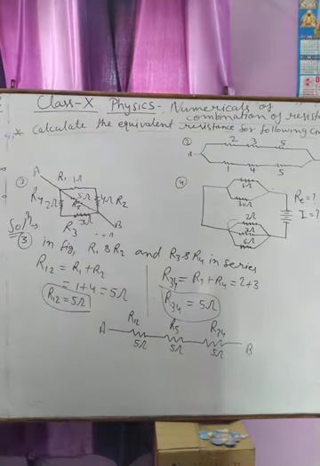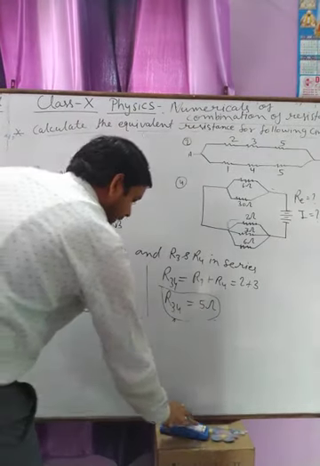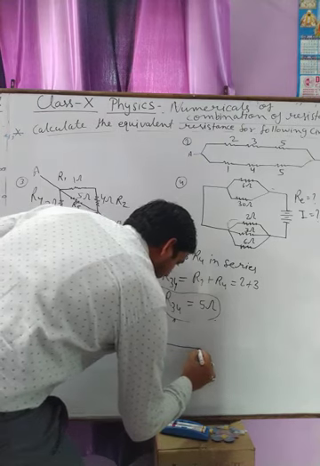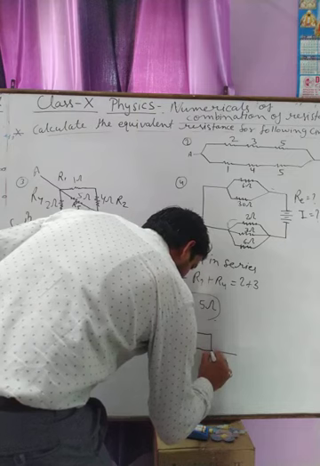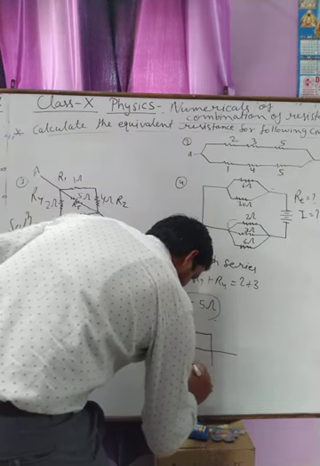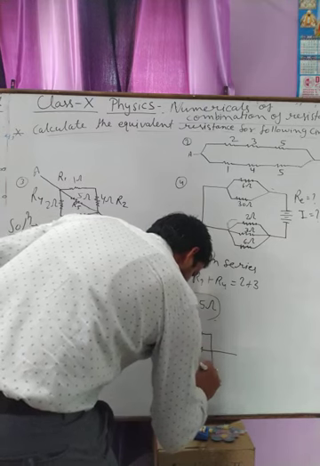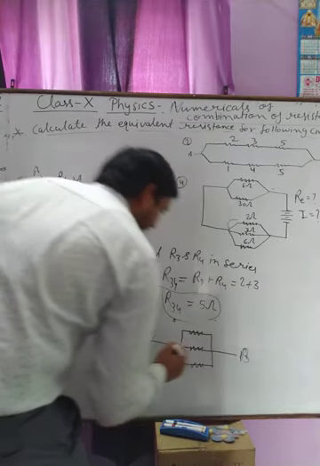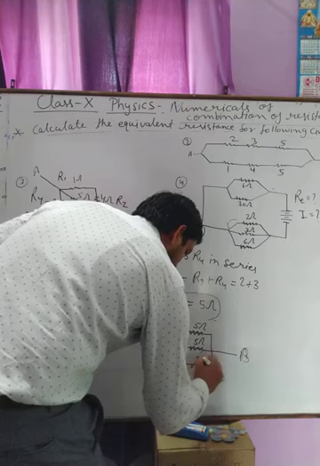Now it is not in series. It is solved as a parallel case from A to B, that is 5 ohm, 5 ohm, and 5 ohm.